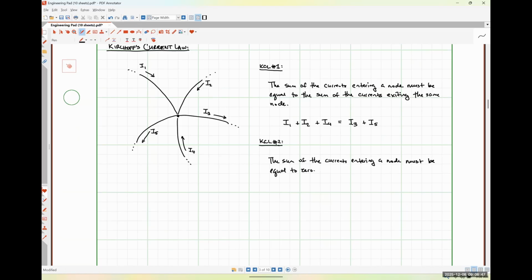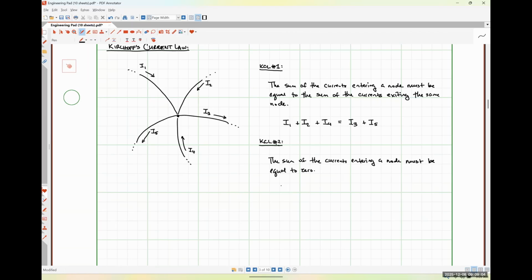So this does not mean that I get to arbitrarily throw away any currents that are exiting the node. Instead, what it means is that if I3 is exiting the node, then negative I3 must be entering the node.